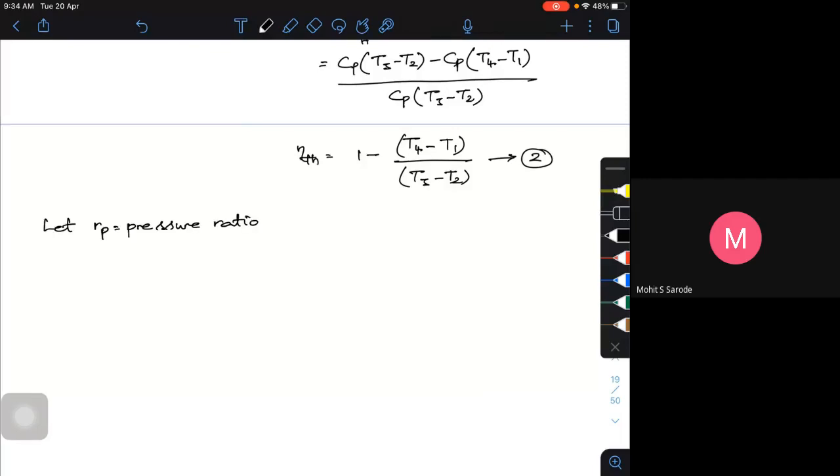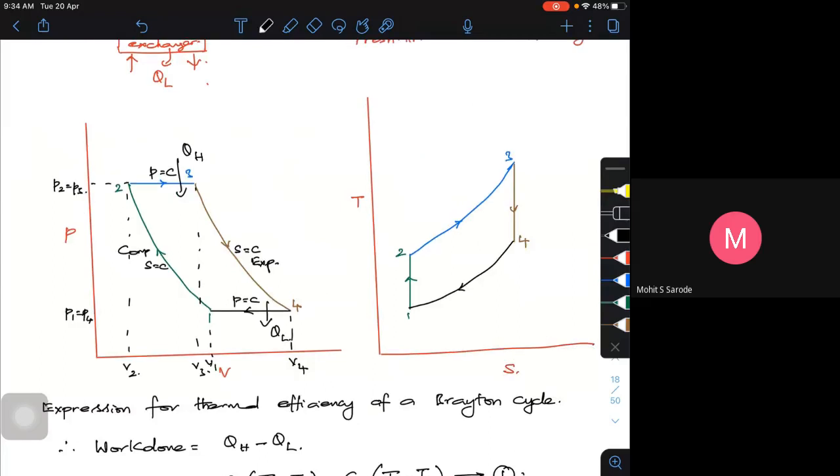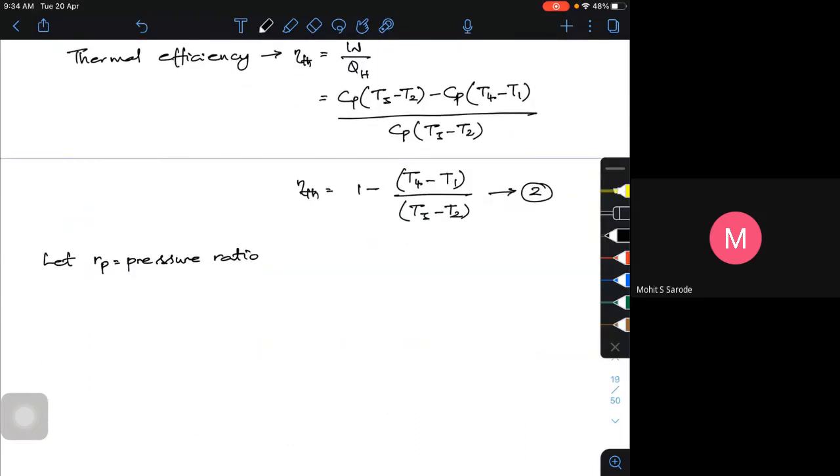If you go back and see, your pressure ratio is P2 by P1 or P3 by P4, because both are the same: high pressure divided by low pressure. So RP is equal to P2 by P1 or P3 by P4. Let me call that equation number 3.